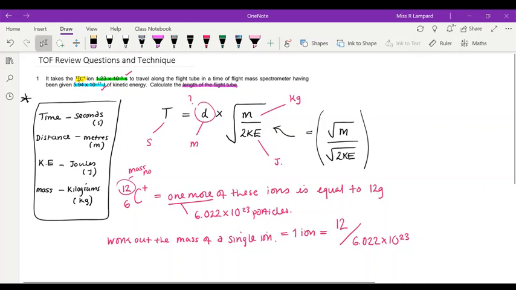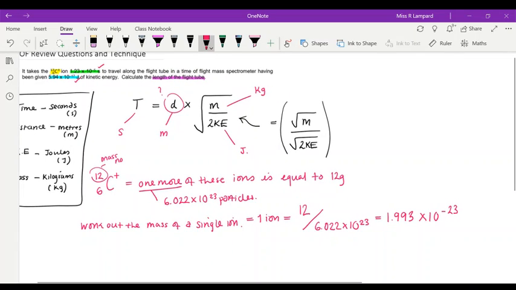And if we put that in our calculator, we get 1.993, I'm going to keep working at 4 significant figures here, times 10 to the minus 23.